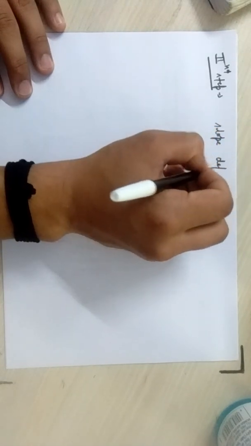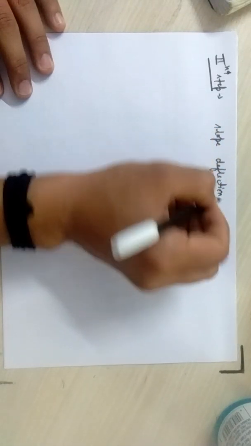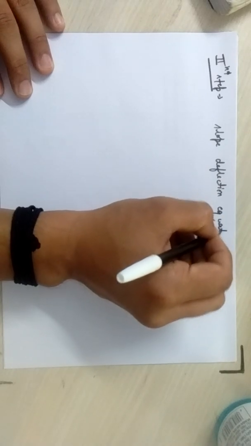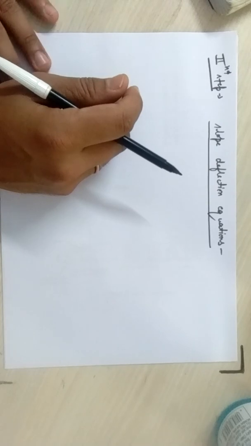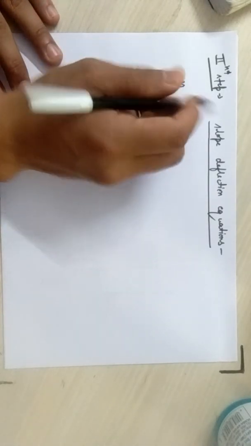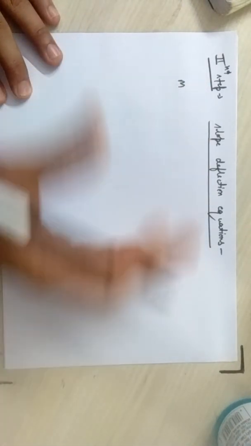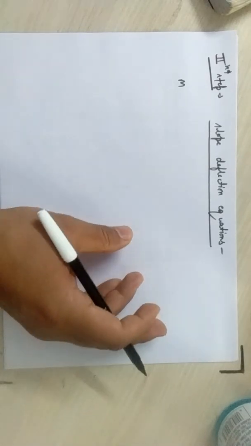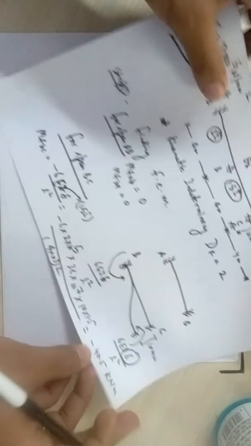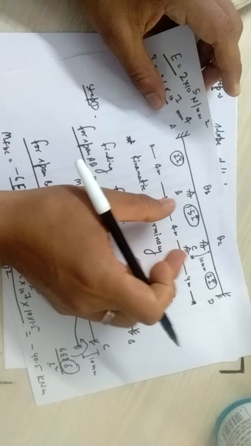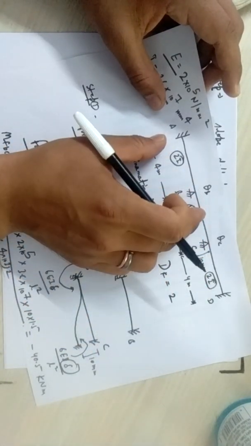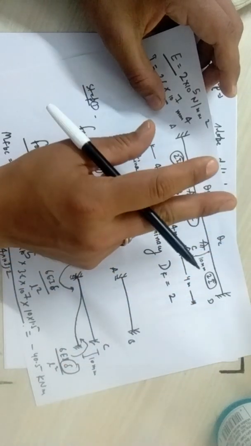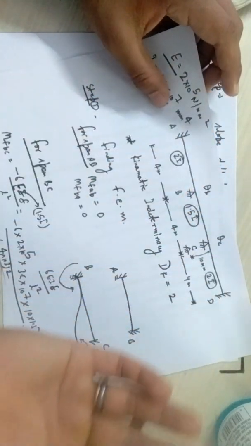So we will write slope deflection equations. Now for all the beams, for all the spans, I mean AB, BC and CD, for all the three spans we will write two equations for each. So there will be a total of 6 equations.